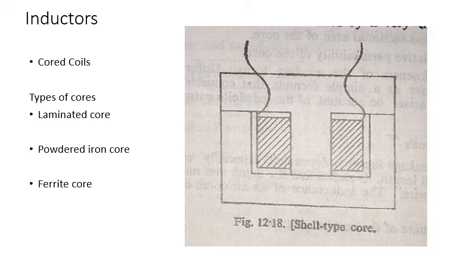Next is the ferrite core. Ferrites are ceramic materials that provide high values of magnetic flux density with the advantage of being an insulator. Therefore a ferrite core can be used in inductors for high frequencies with minimum eddy current losses.